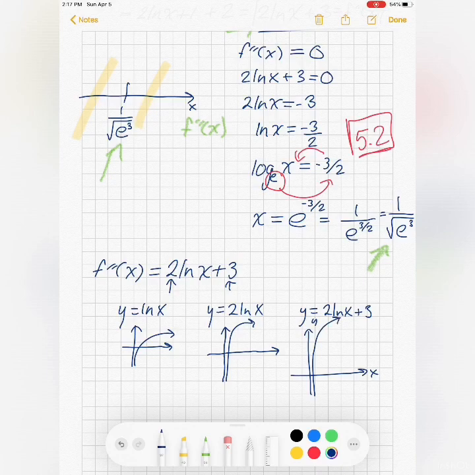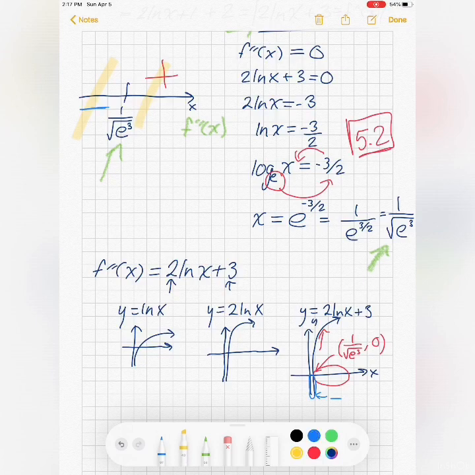But the interesting part is, when we set this equal to 0, we found the x-intercept. It was this value. So actually, can't we already tell what happens? You see how on the right side of that x-intercept, the function's positive, versus to the left, the function's negative.